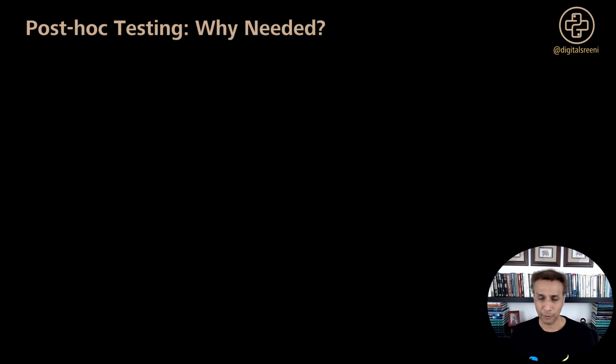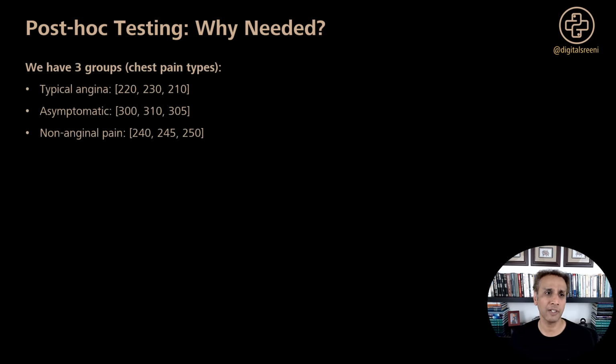Now, there is something called post-hoc testing. For example, we have 3 groups, right? We have the values of 3 different types of chest pain: typical angina, asymptomatic, and non-anginal pain. These are the 3 types.